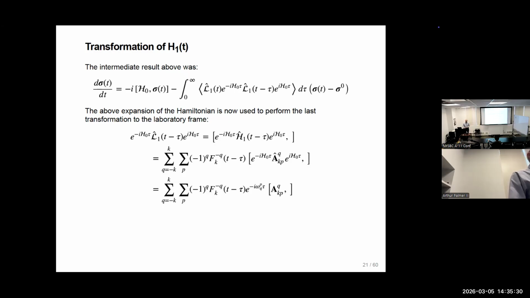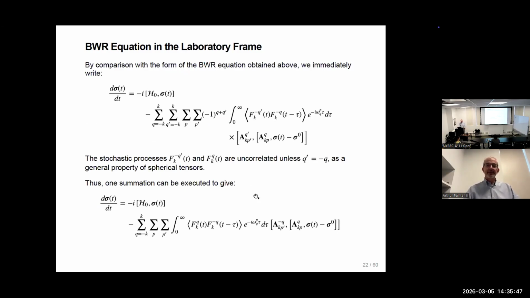They come out of the sandwich operator. So I transformed the spin parts of the Hamiltonian in this expression. But as we saw, we just pick up these complex exponentials. So that's pretty nice.